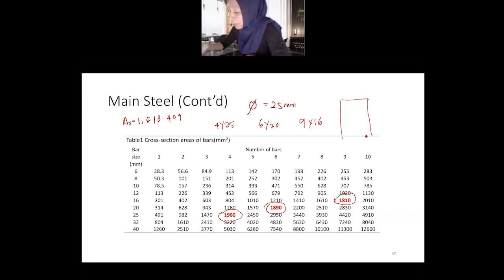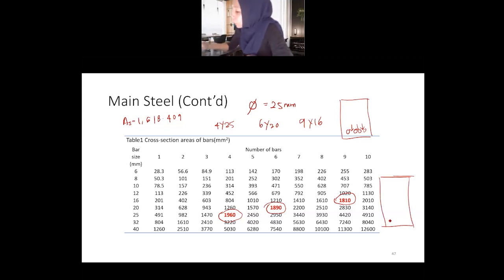Kenapa? Macam mana awak nak letak? Kalau katakan 4Y25, awak letak 2, 3, 4. I cakap kita kena ada spacing kan. So, konkrit kita boleh seep through kita punya reinforcement kan. Tapi kalau katakan awak guna sampai 6 biji, 4 biji ni mungkin okey lah.